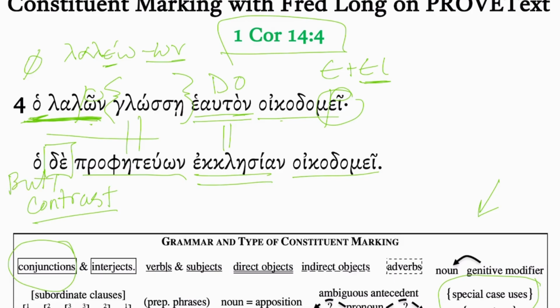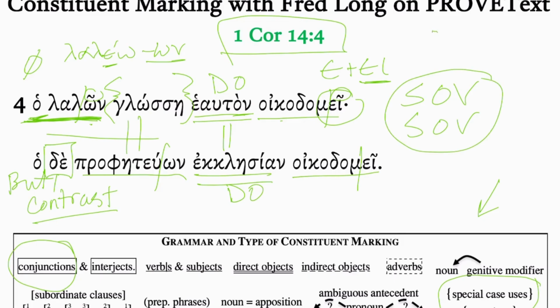But the one prophetevon, the one prophesying, again, that's a masculine singular nominative present active participle, builds up ikodomi ekklesion, the church. Okay, so very interesting too to see the change of normal word order.